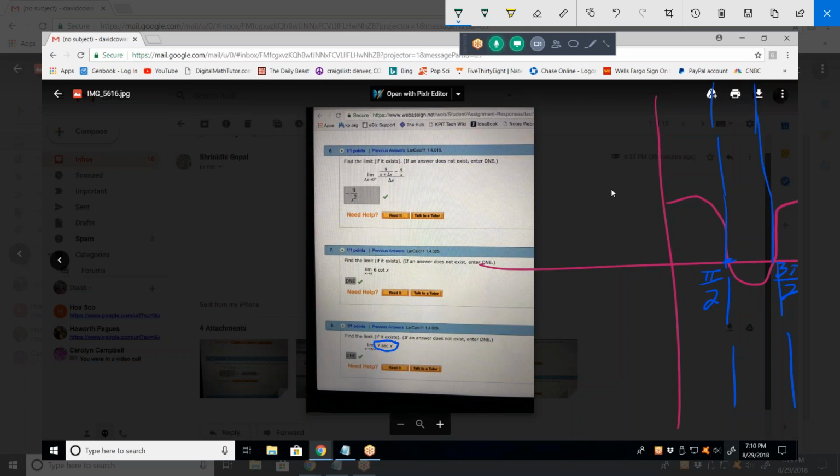The secant fits on top of the peaks and on bottom of the valleys. So I know there's going to be a vertical asymptote going to infinity there. And on the other side, as we approach pi over 2, we're going to negative infinity. Therefore, it does not exist. So that makes sense.